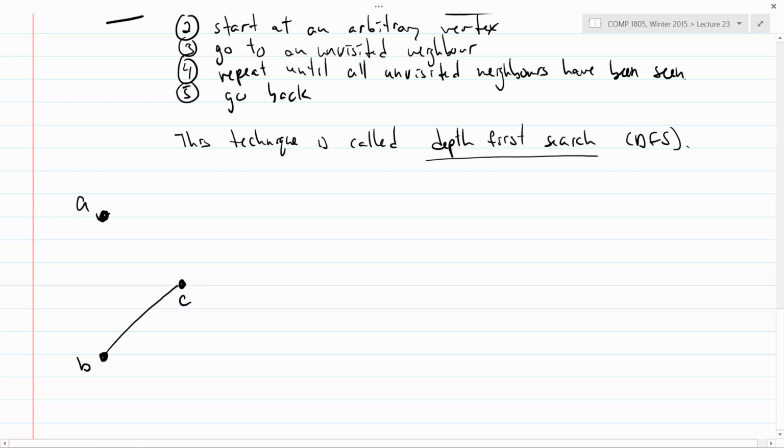And I'm going to do this for the undirected case, but it's not too much more work to do it in the directed case.